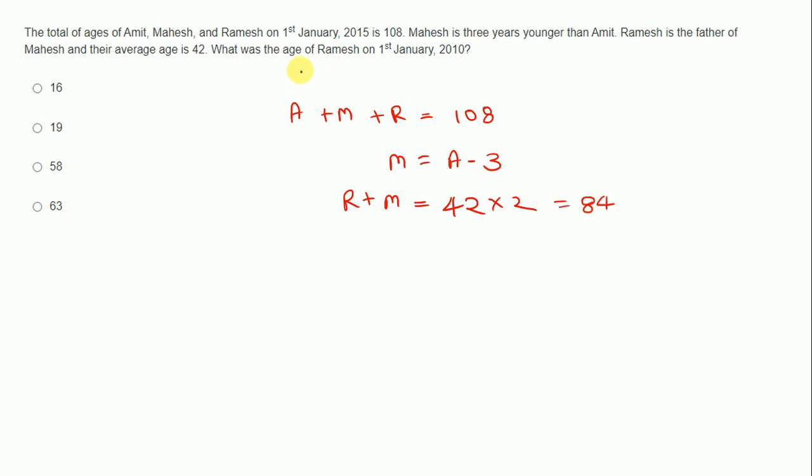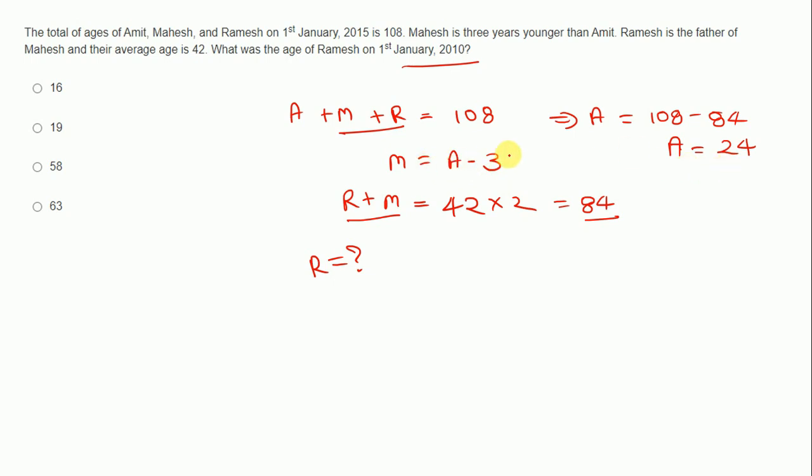So what is the age of Ramesh as on 2010? The age of Ramesh has been asked in the question. So putting the value of R plus M is equal to 84 in this, we will get A is equal to 108 minus 84 and it will be equal to 24. Now this is the value of A. Putting the value of A in this equation, we will get M is equal to 21.